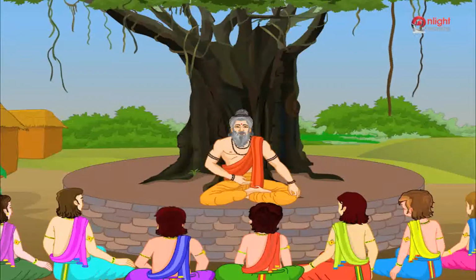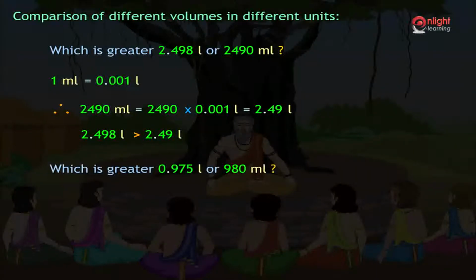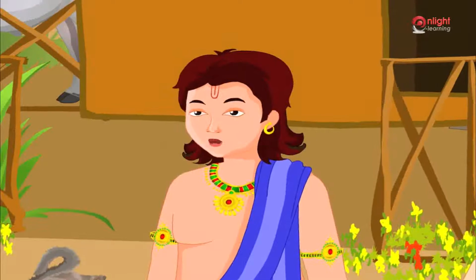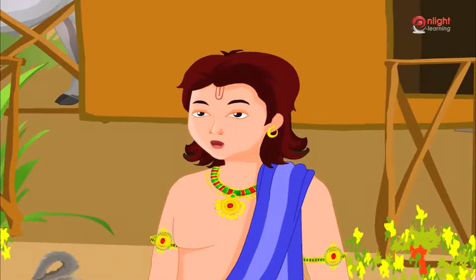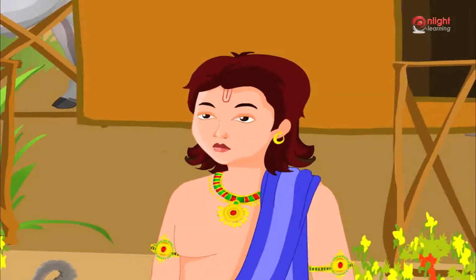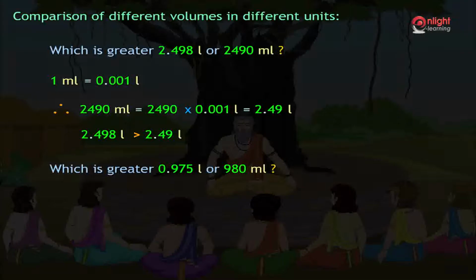Very good. Now Bhim, which is greater, 0.975 liter or 980 milliliters? When comparing volumes expressed in different units, it is necessary that we express them using a common unit. In this case, let us consider milliliters. Expressing 0.975 liters in milliliters, we know 1 liter is equal to 1000 milliliters.